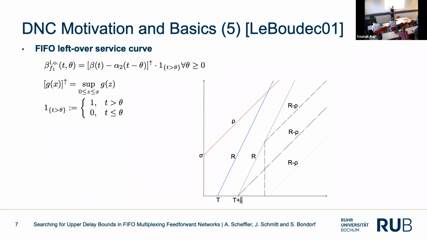If we finally want to have a delay bound in FIFO networks, we take the horizontal deviation, meaning we need to find the curve that has the matching discontinuity, this jump as it is called in the paper. So only after having done the analysis, knowing all the thetas, and then doing the delay bounding, can we decide how to set these thetas. So we basically have a symbolic expression of the delay bound that we have to work with.